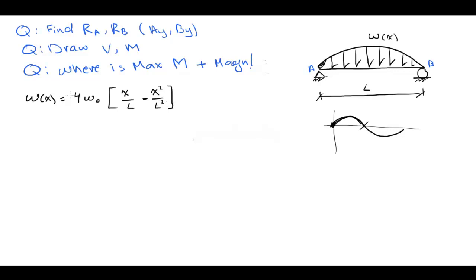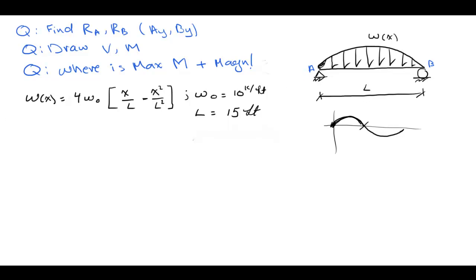And if you plot this function, assuming, and these are the values we're going to use, that w naught equals 10 kip per foot, and we will assume that the length of the beam will be, let's say, 15 feet, it's going to look exactly like this shape.